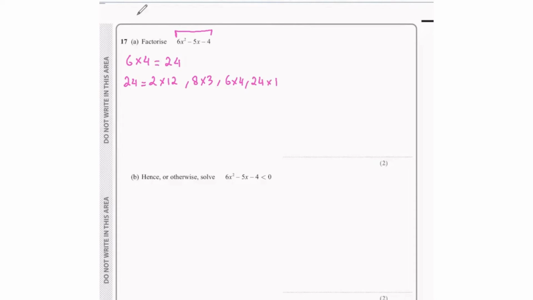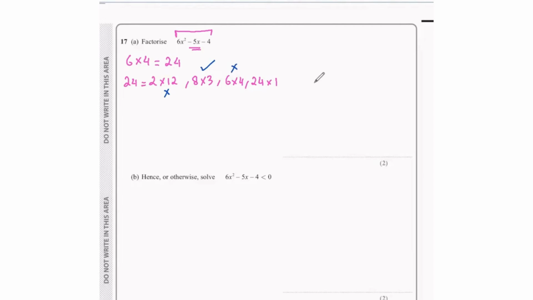Step 3 is to choose that set of factors which when added or subtracted gives the middle term, which is 5x. So we know 12 plus 2 is 14 and 12 minus 2 is 10. So that's wrong. We know 8 plus 3 is 11, but 8 minus 3 is 5, so we could use that. 6 plus 4 is 10, 6 minus 4 is 2. So that's also wrong.